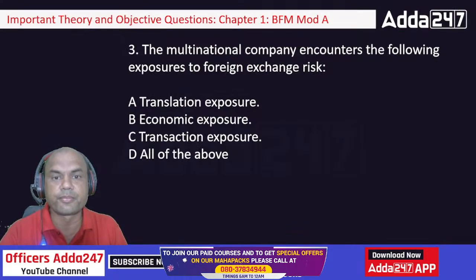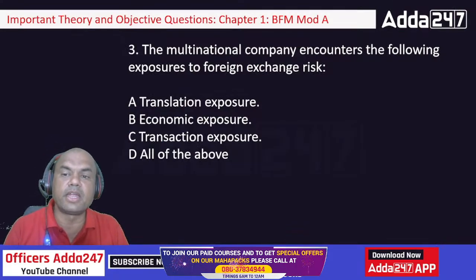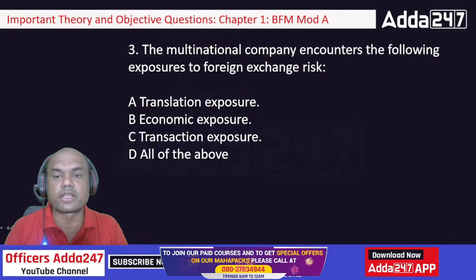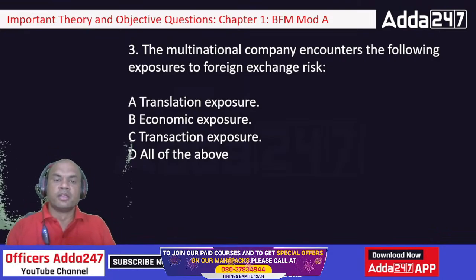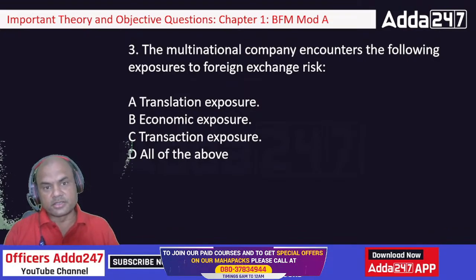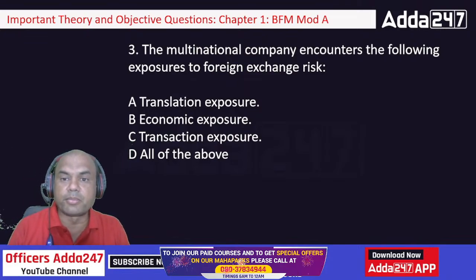The multinational company encounters the following exposures to foreign exchange risks. So, multinational company will encounter which type of exposure? Translation, economic, transaction, and all of the above. Yes, a multinational company will encounter all these 3.